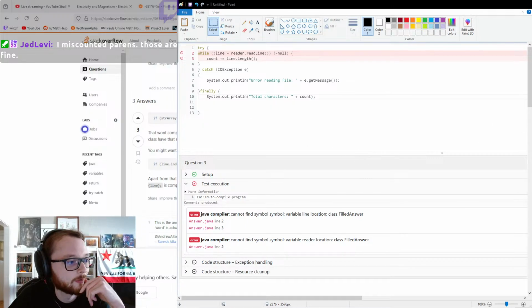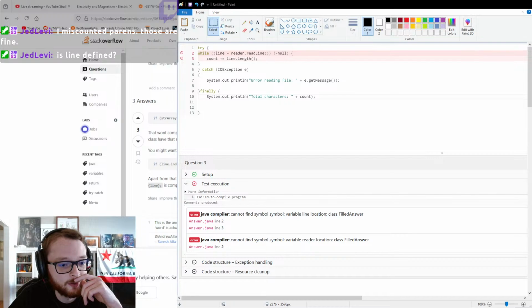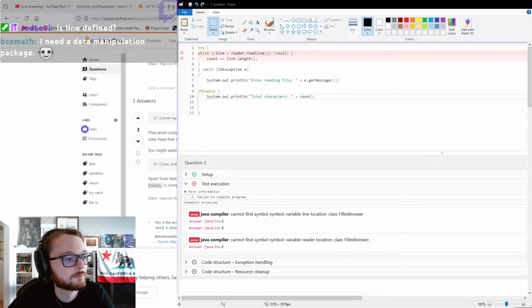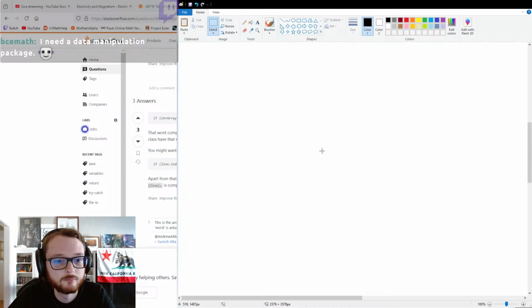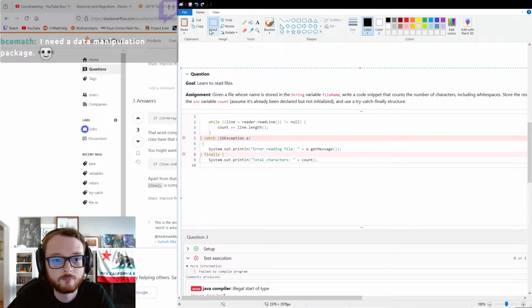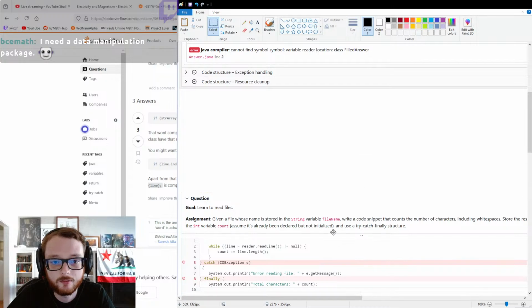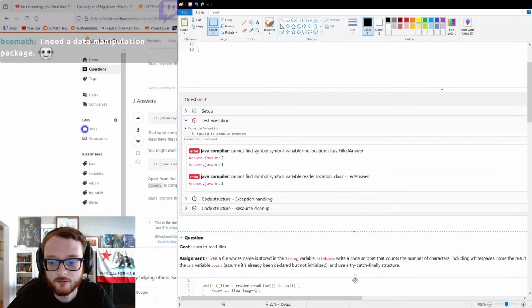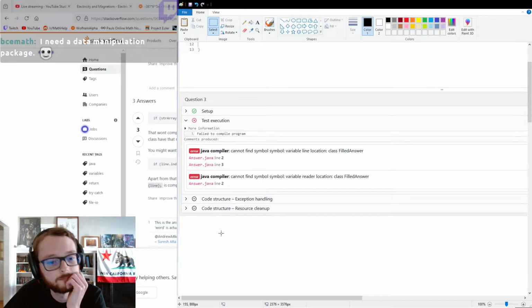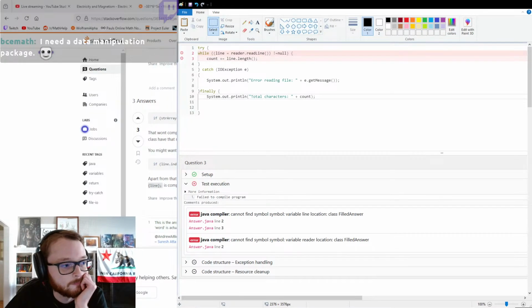I think the line is given to you. It's this weird website where they don't show you the entire code. They tell you what variables have already been declared, like in the prompt. No, it's not the right prompt. No, it is the right prompt.